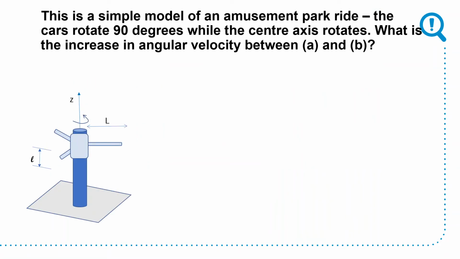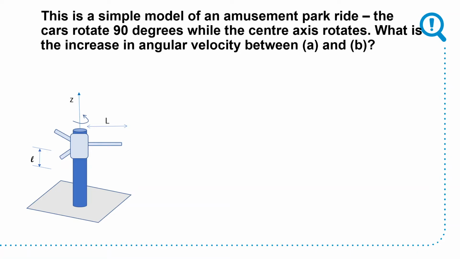So the final example I'm going to do is one that's a little bit difficult to do in class. I wouldn't actually do it at all. I have a model of an amusement park ride, and the cars that are at the end of each of these arms, and I'll show those in a second, rotate 90 degrees while the center axis rotates.